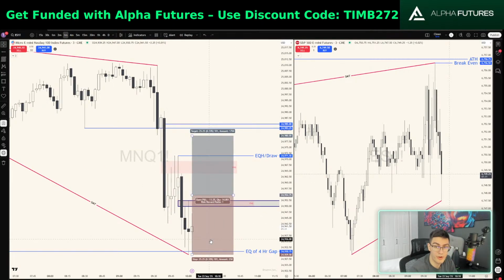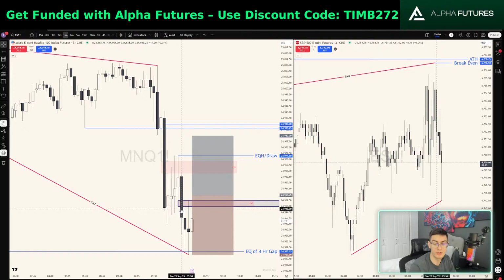So we got a minute and 30 seconds till this candle closes. So again, if this 3-minute candle closes through this gap, I will be taking this inverse. I'll go break even once we hit these equal highs up here. I'll just go for a 1-to-1 risk to reward.